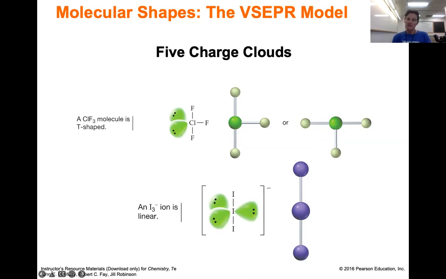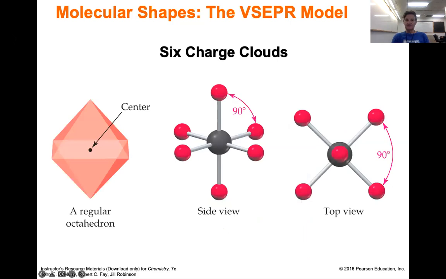With 3 lone pairs, it's going to make sense. All those lone pairs should be in the plane where they're 120 apart. That forces the 2 iodines that are hooked onto the central iodine 90 degrees from the central plane. And so you end up with a linear molecule when you have 3 lone pairs and 2 shared pairs.